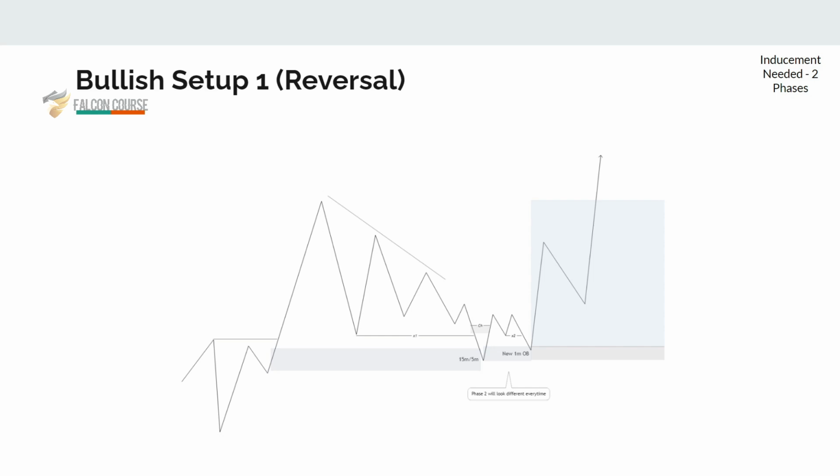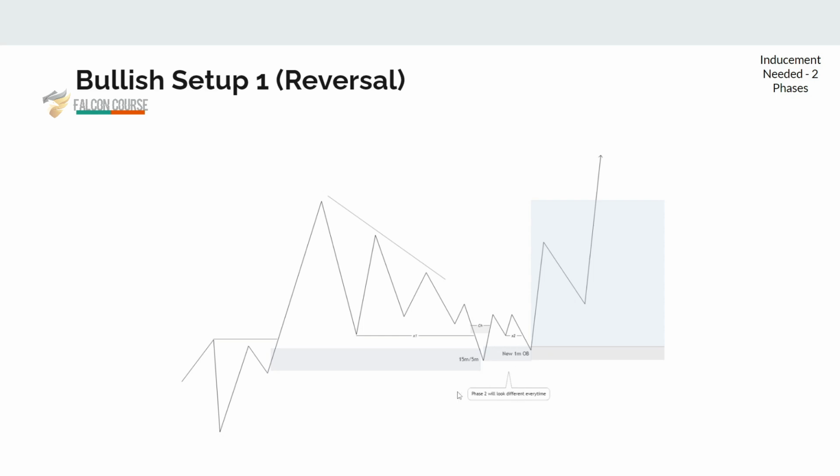So this first one is a bullish setup. Won't talk too much about it, but we have the original break. We have a 5 or 15-minute order block. Now this will be our phase 1 inducement. We'll create that vector level, or that shock inducement. We have that phase 2. We form a new order block on the 1 minute, and then we're able to trade from that order block if we have that phase 2.